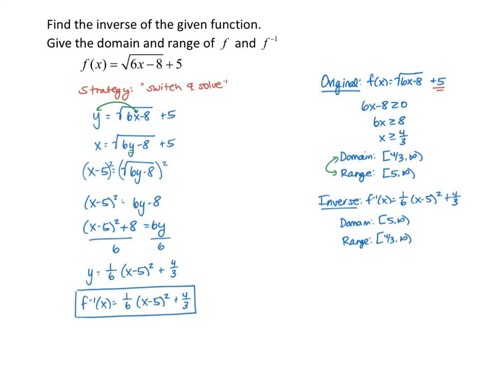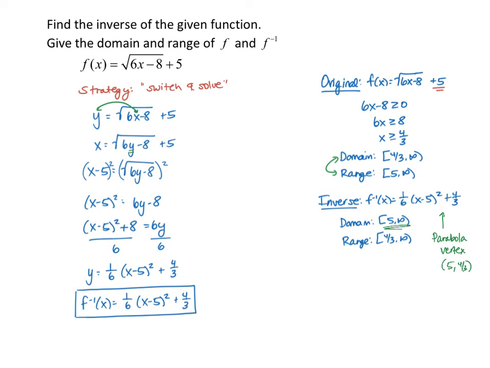Think about the graph and why this makes sense. So this function that we have for our inverse function, we know is a parabola. We know that it has a vertex, thinking about our vertex form, at the point 5, 4/3. But we're saying that the domain is just from 5 to infinity.